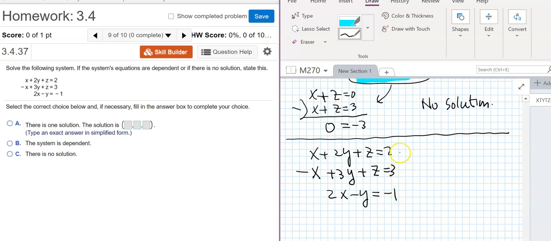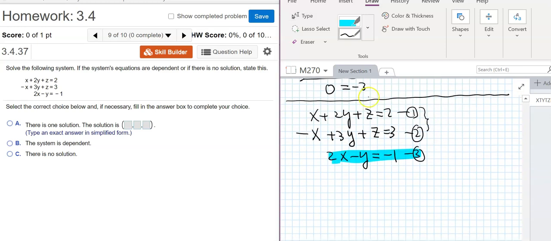Now, if I call this 1 and 2 and 3 again, which letter is missing in this equation? Z is not there. So it's telling us we have to work with these equations to eliminate z. They both have 1z.